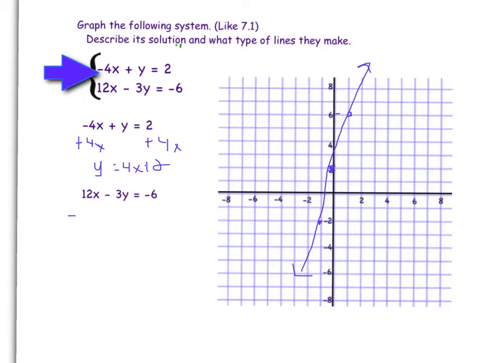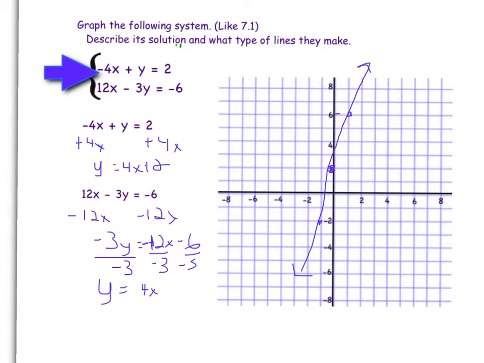Here I'm going to subtract 12x, so I have negative 3y equals negative 12x minus 6. I have to divide everything by negative 3. This is a good review for those of you that didn't know how to solve by graphing. y equals 4x plus 2.